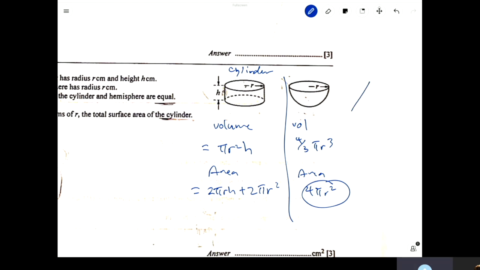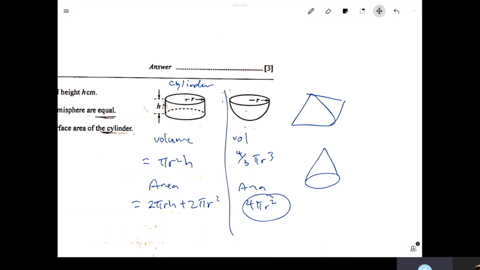Pyramid, they're all given. Cone also given. Both the cone and the pyramid volume equal 1/3 base area times height.